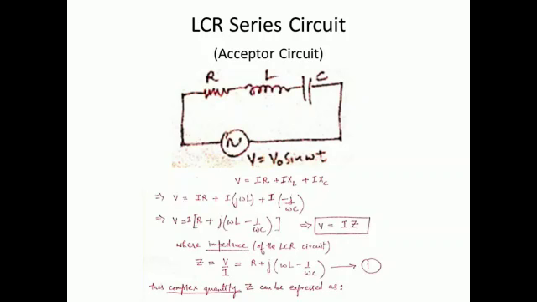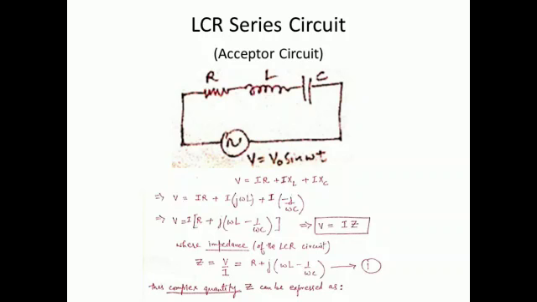Now if we apply Kirchhoff's law to this loop, we find that the EMF or the voltage applied in the loop is simply equal to the sum of the potential drops in the loop, and therefore V is simply equal to the potential drop across the resistance, that is IR, plus the potential drop across the inductance IXL, plus the potential drop across the capacitance IXC.